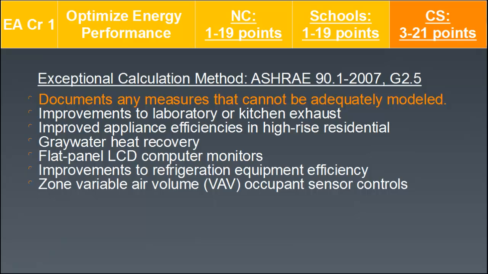The exceptional calculation method for ASHRAE 90.1 G2.5 helps document measures that cannot be modeled. This could be gray water heat recovery, flat panel LCD computer monitors, improvements to refrigeration equipment efficiency, kitchen exhaust, zone variable air volume occupancy sensor controls, and so on.